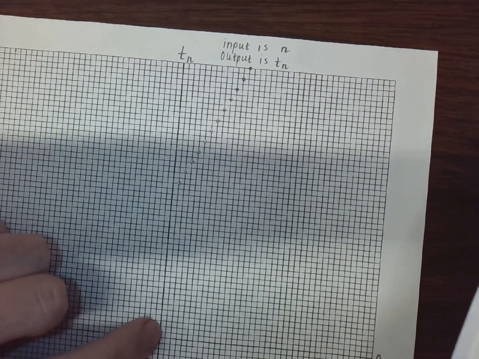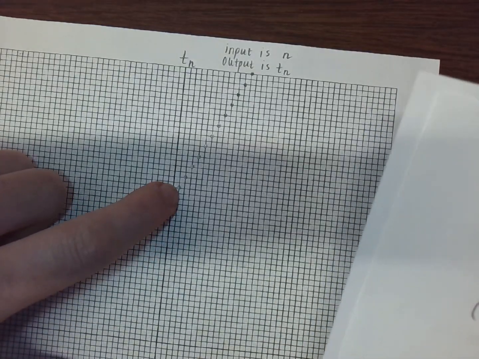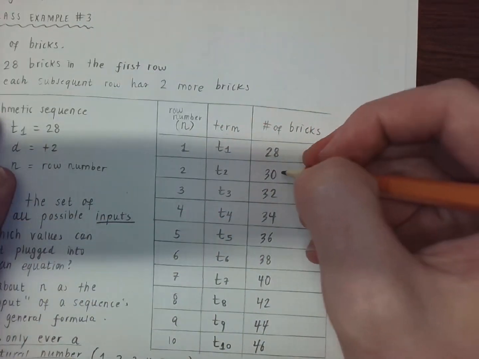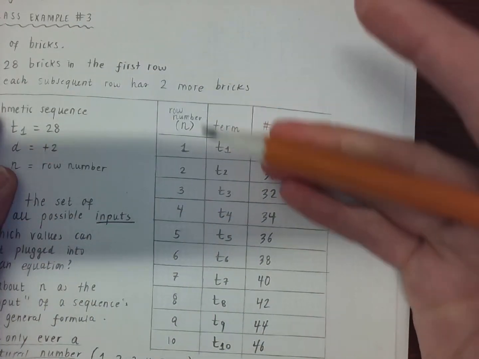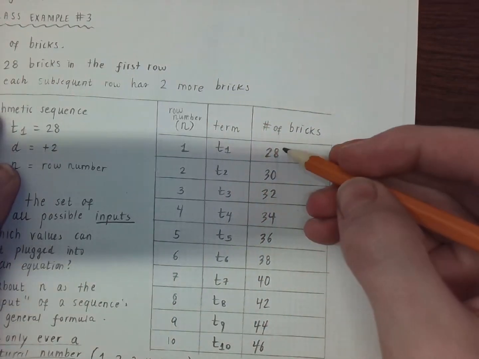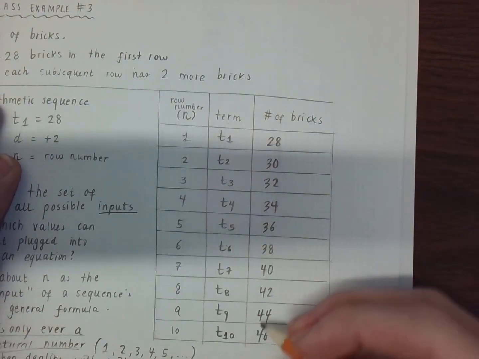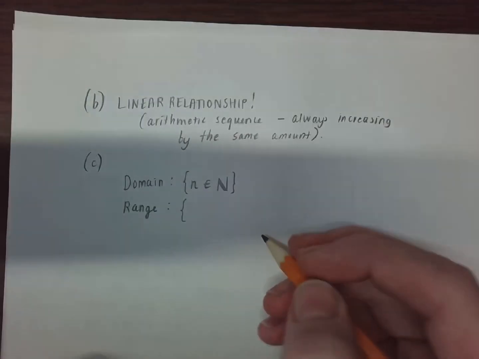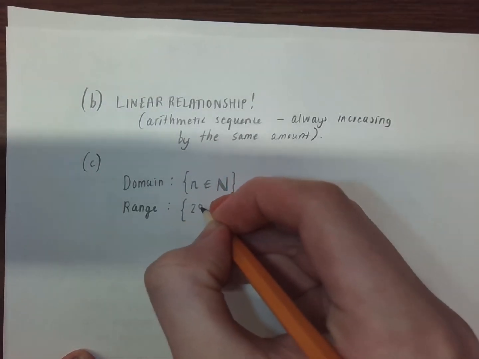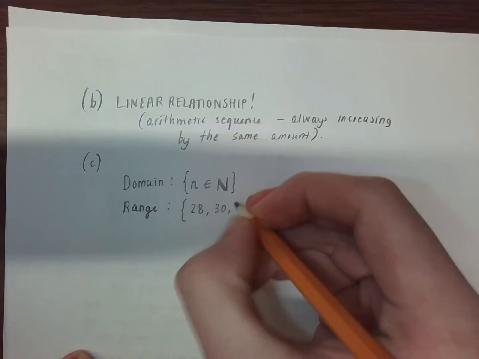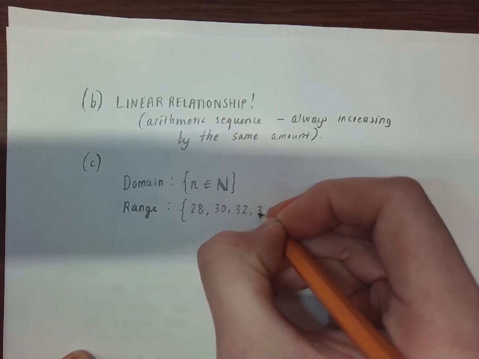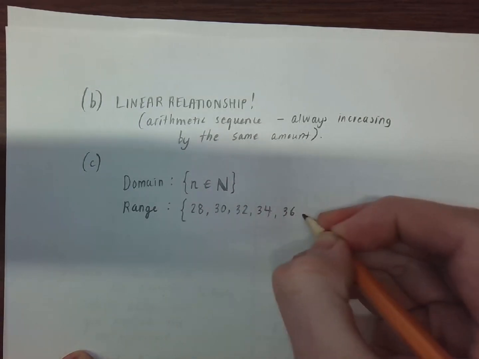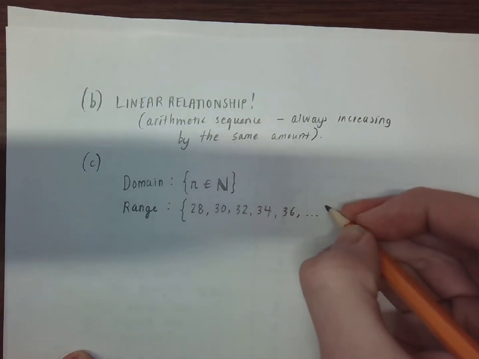Well, starting from 28, theoretically, this goes on and on as an arithmetic sequence. It's always increasing by 2. So absolutely, if I were to say what the range is, I have to start at 28. I go up by 2, up by 2. I probably don't want to write that forever, so I can just do dot, dot, dot.